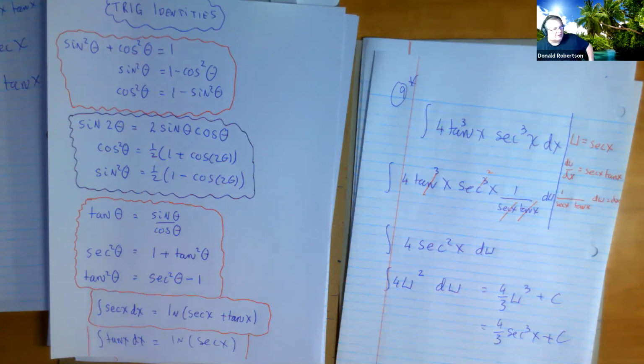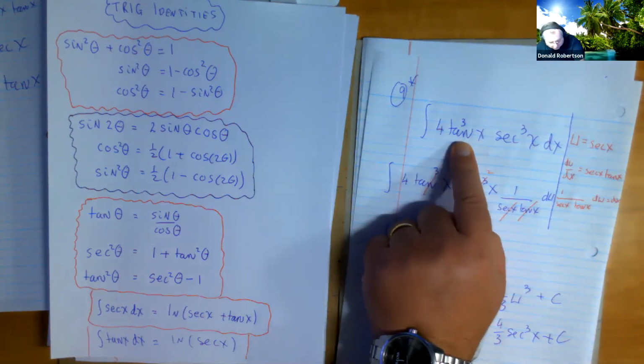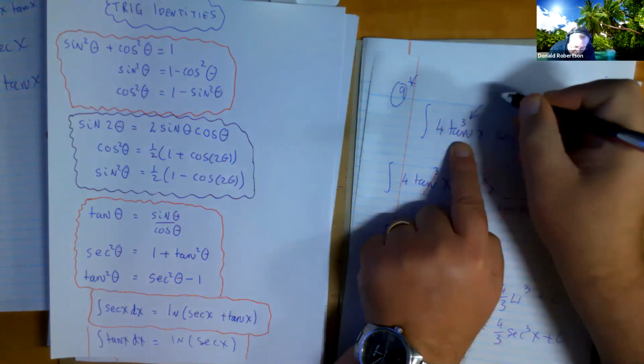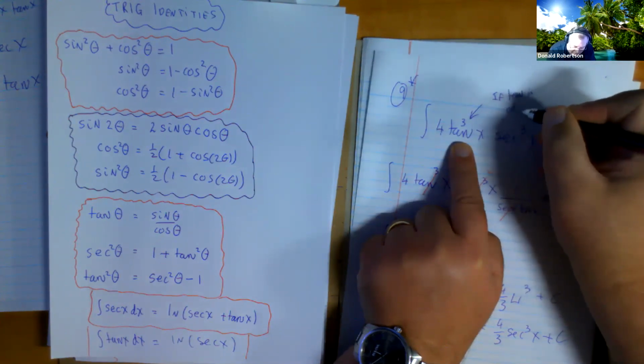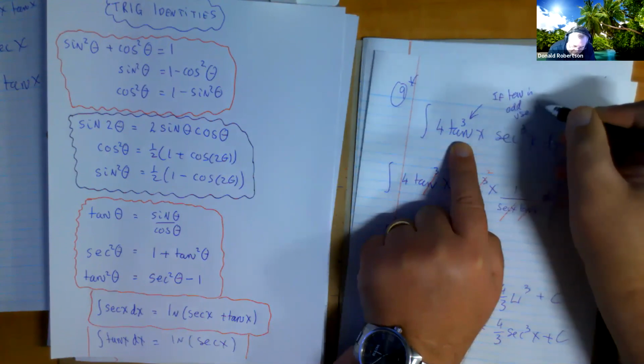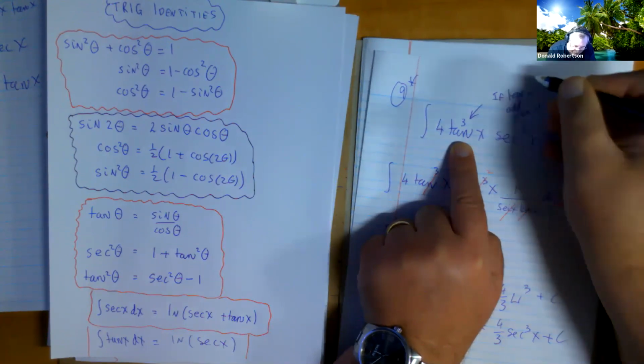It would also work in that situation. Right? So how do I know that this is the right u sub? If the tangent is odd, use that guy.